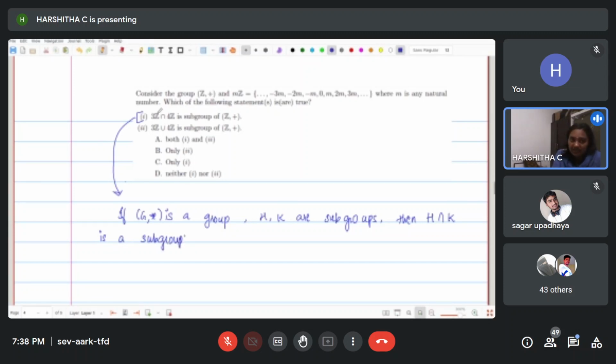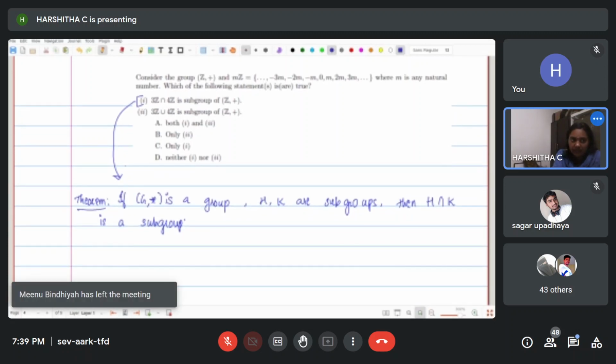So if we just check that 3Z and 4Z are subgroups, using this theorem, we can conclude that the intersection is a subgroup. Is that okay?